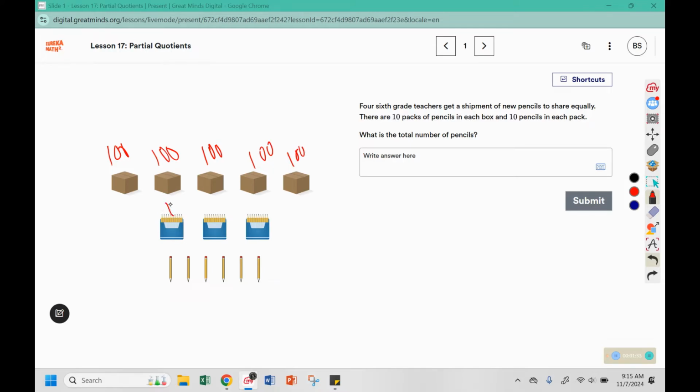These all have 10 in them. And then we have a few extra. So this would be 500, 10, 20, 30, 530, and 6 more. 536 pencils. So we're going to write that in here.